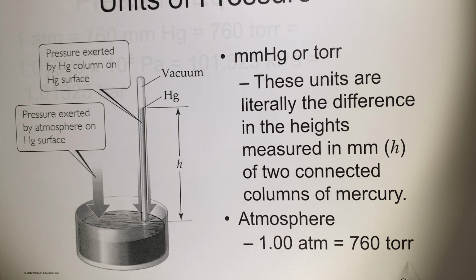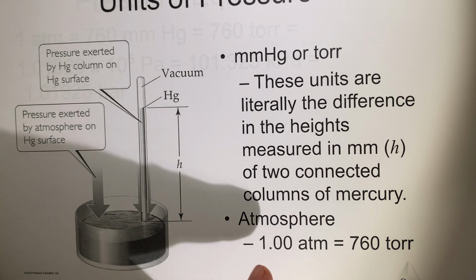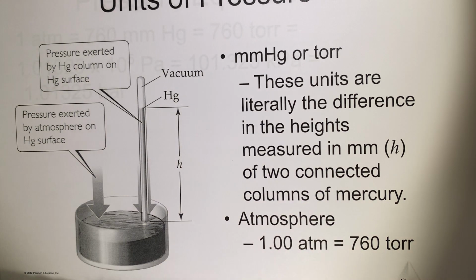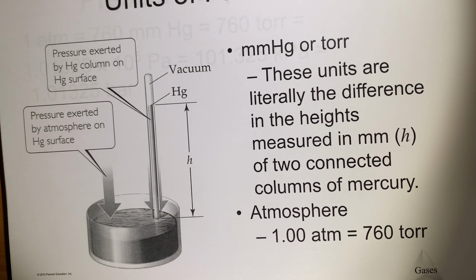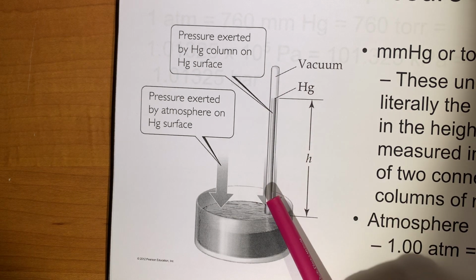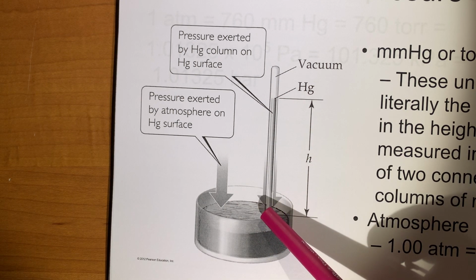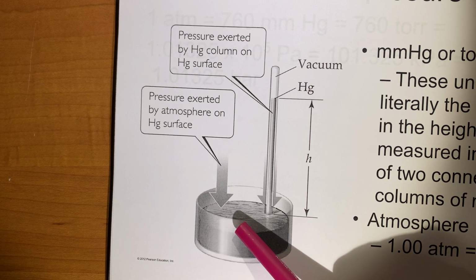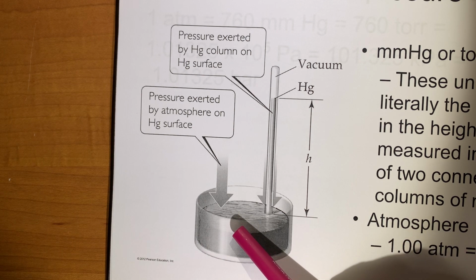And millimeters of mercury or torr, really, they get their values based on the differences in the heights measured in millimeters of 2 connected columns of mercury. So if we look here, we have a column of glass tube that has mercury in there. That bottom open part of the tube is submerged in some pool of mercury or a bowl of mercury.